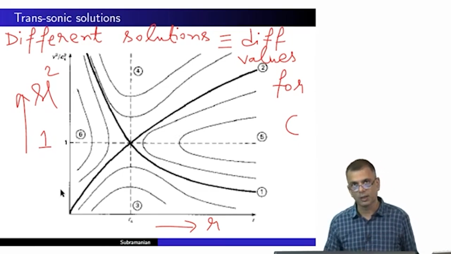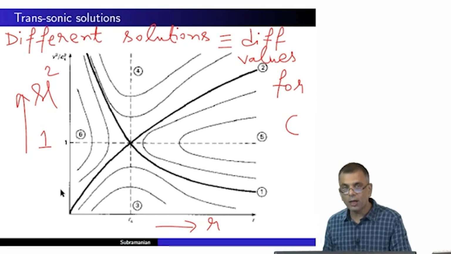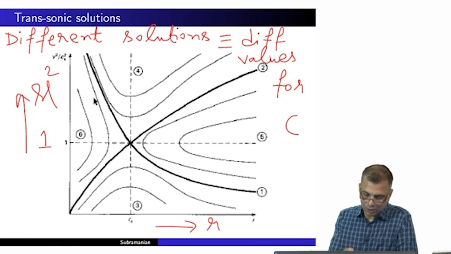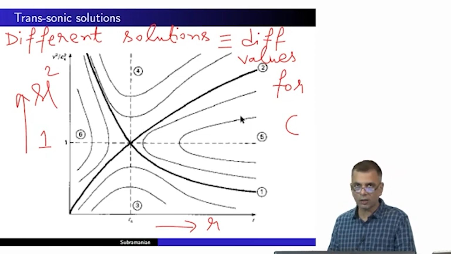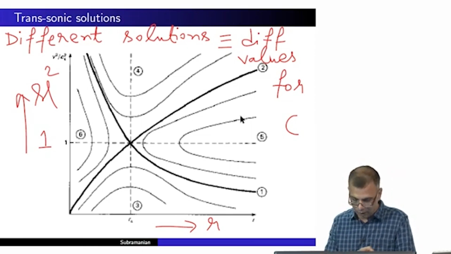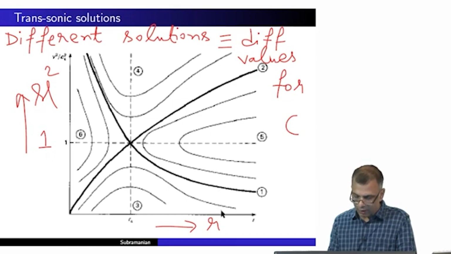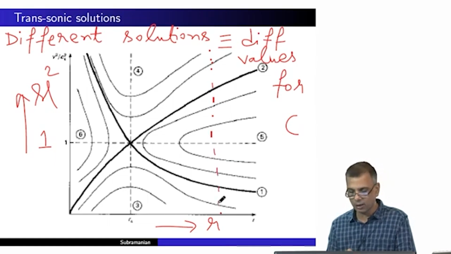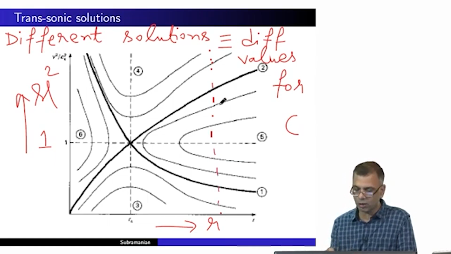Okay. So, let us now look at solutions of the kind 5 and 6 first. Now, at a given r, let us draw a little line here. At a given r, you see this solution 5, for instance, predicts 2 different values for the Mach number.